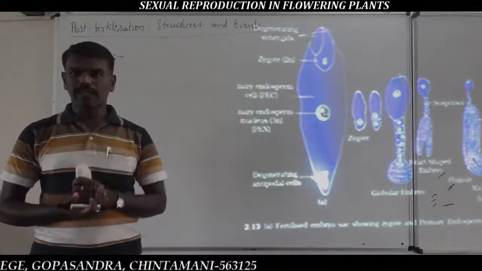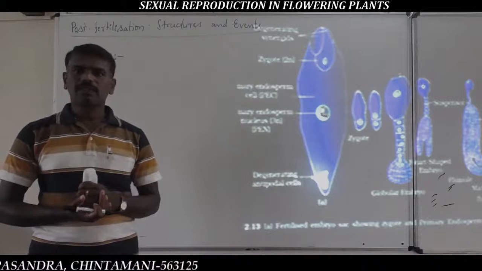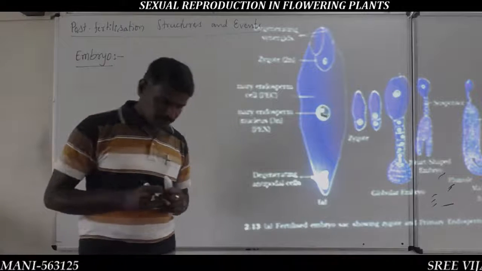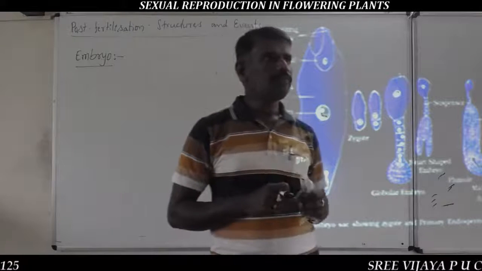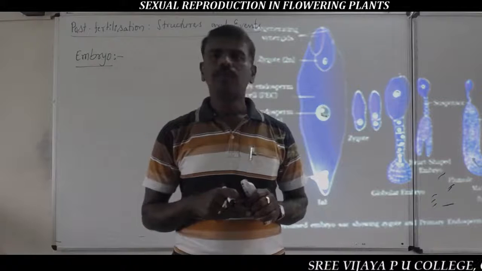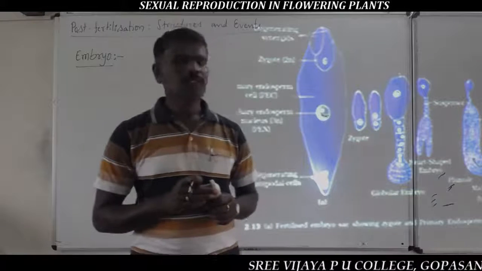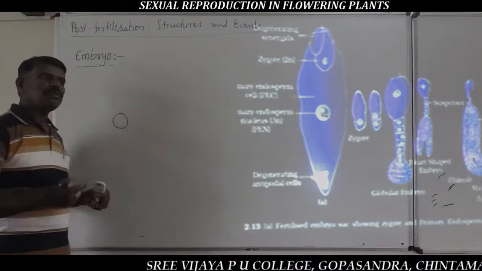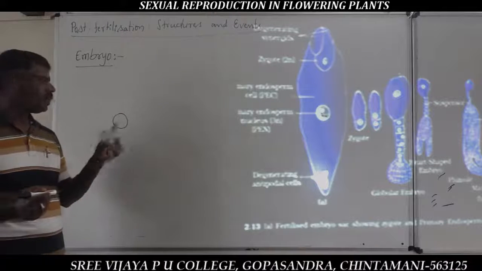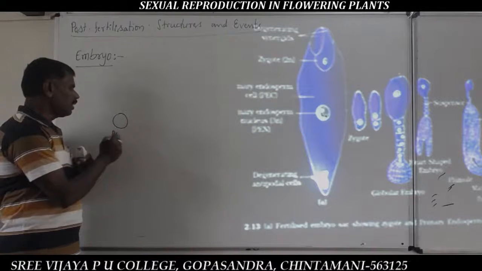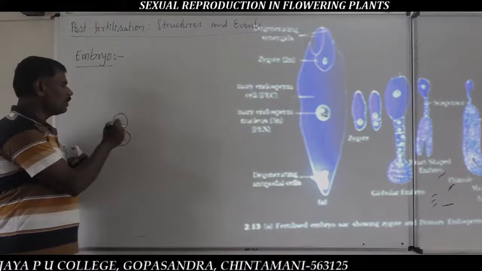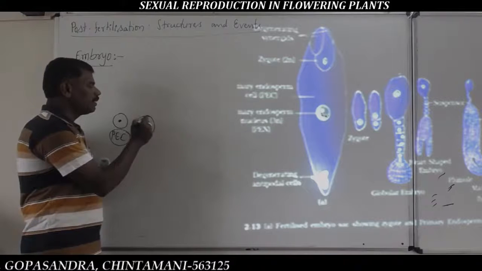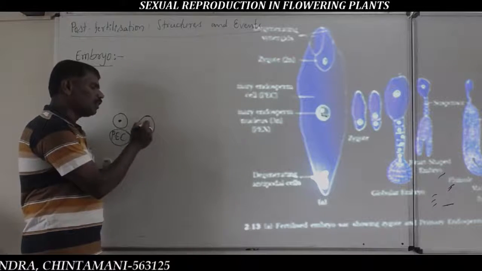There are three types of endosperm we discussed in the last class: nuclear endosperm, cellular endosperm, and the third one, helobial endosperm. These three types are based on how the nucleus of the primary endosperm cell divides, whether with cross wall formation or not.